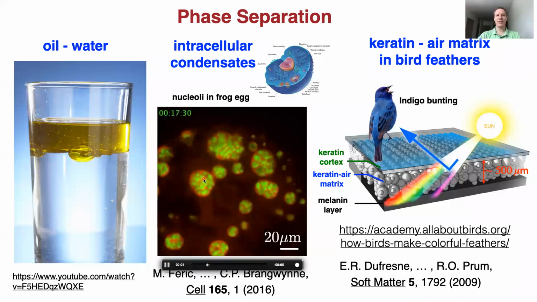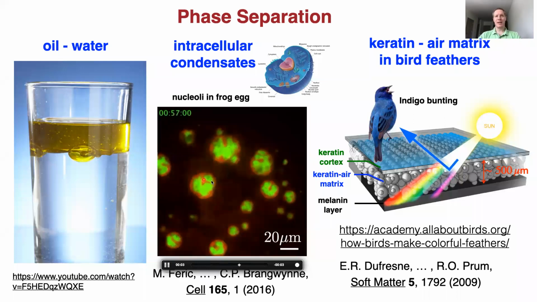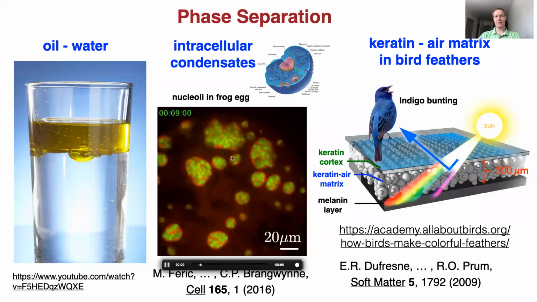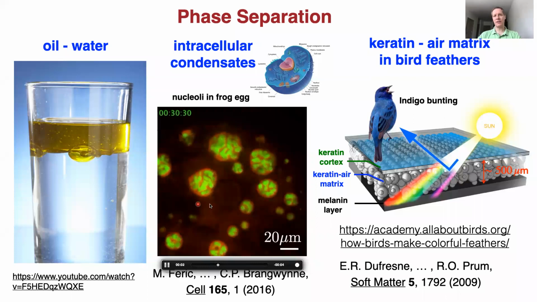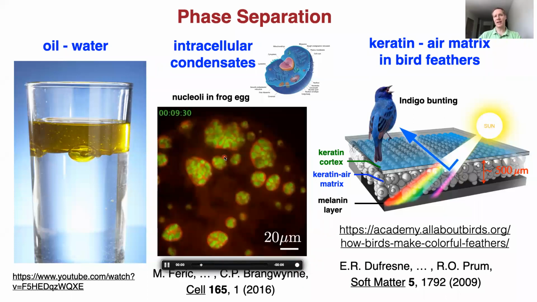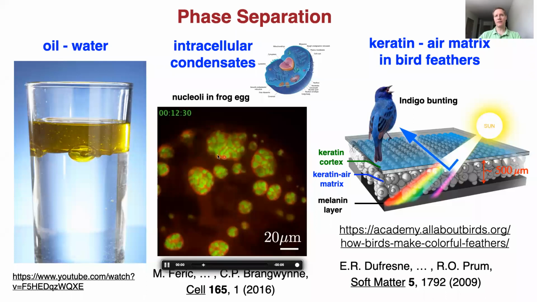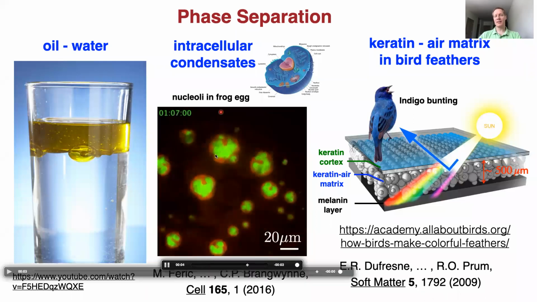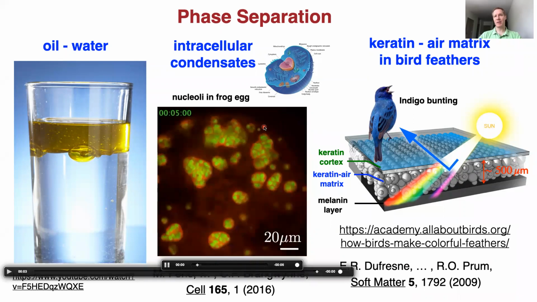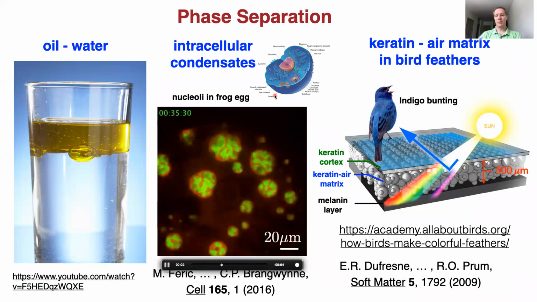They're merging and coming together. Since the original discovery around 10 years ago, biologists have recognized that these fluid-like condensates appear in many places in biological systems, and they actually play a very important role.